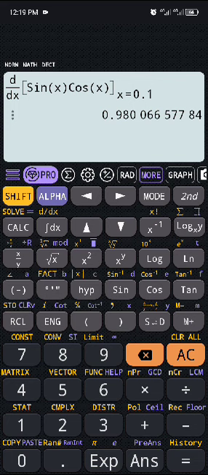Now we know that when we differentiate sine x cosine x, it's going to give us cos squared x minus sine squared x, right?